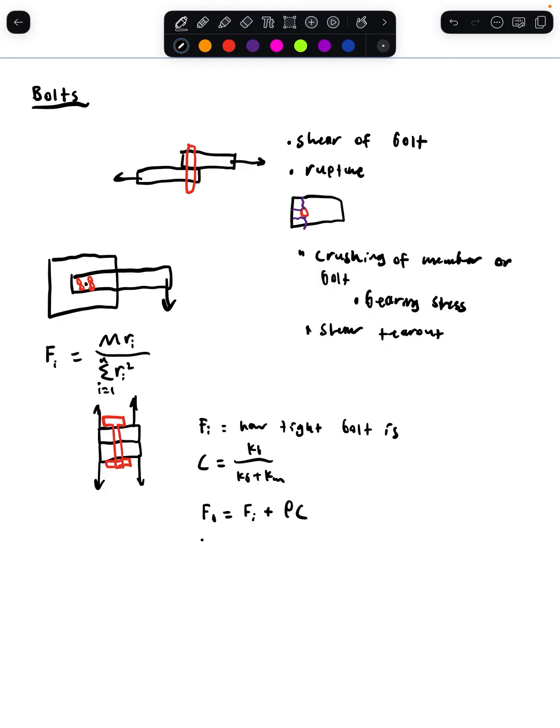And for the member, the resultant load on the member is the total load carried by the member minus the preload of the bolt. These equations aren't really intuitive, so it's good to know where to find them.